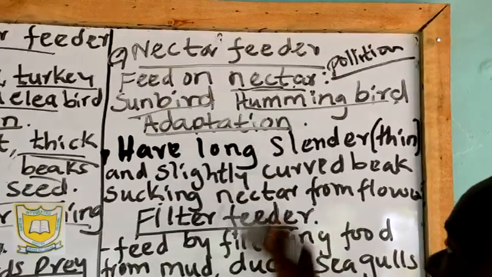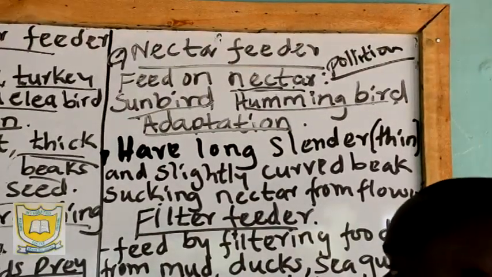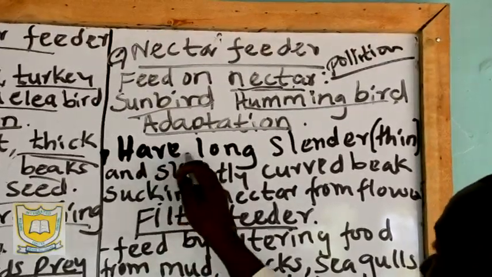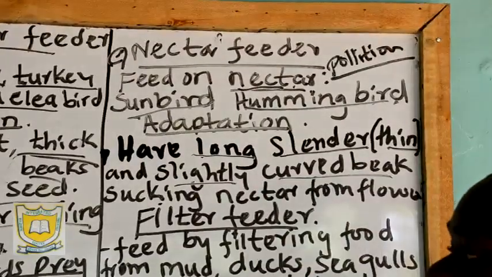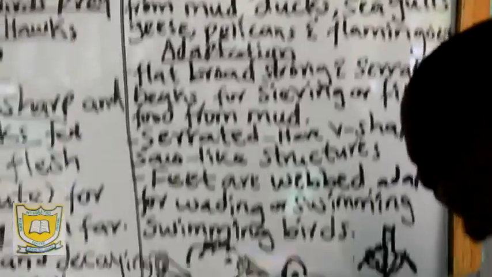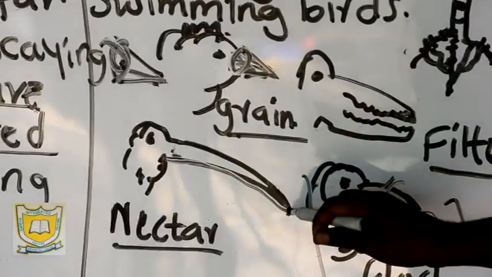Now, how are they able to feed on this nectar that is found deep down at the base of the flower? Number one, they have a long, slender or thin, slightly curved beak. It is long so that it can go deeper into the flower.